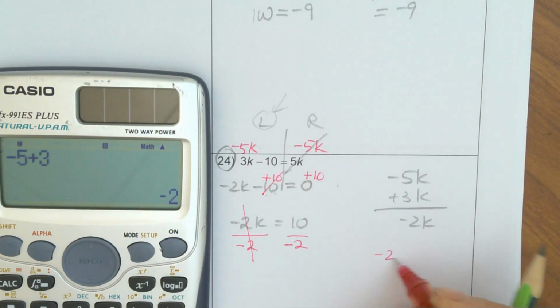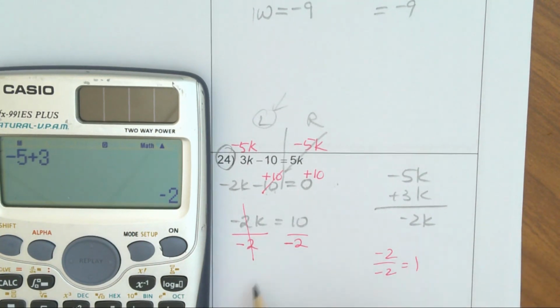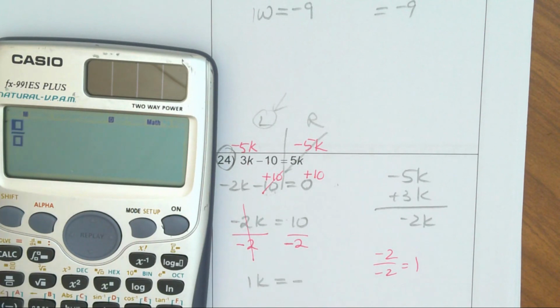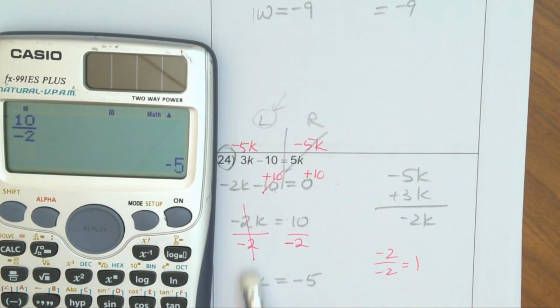Because negative 2 over negative 2 is equal to 1. It has to be exactly the same to make 1k. And because these are not the same, I know it's going to be a negative. Let's check. 10 over negative 2, negative 5. But we don't have to have that 1 there. So it's just k equals negative 5.